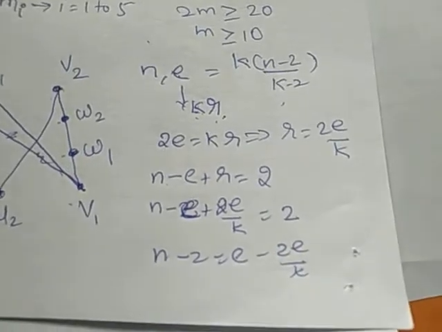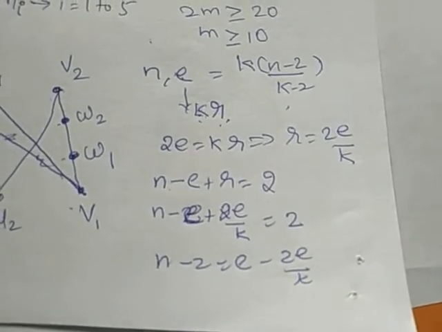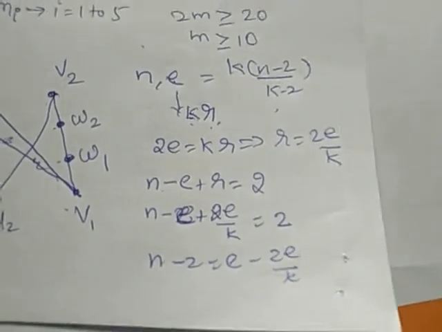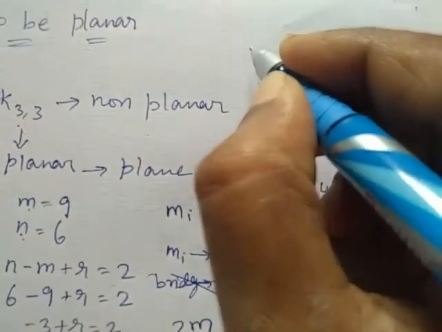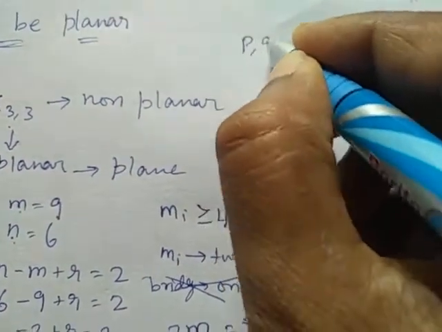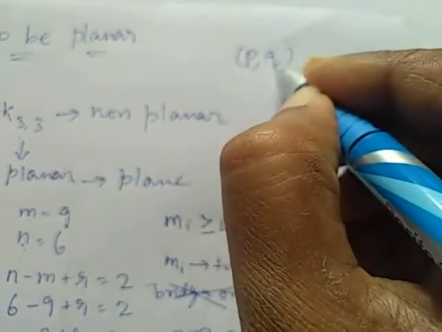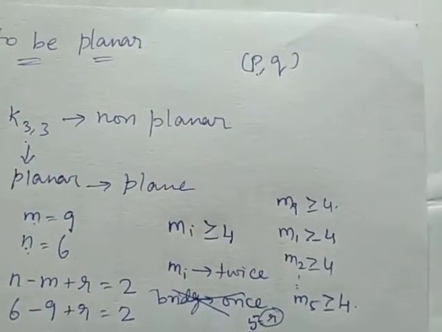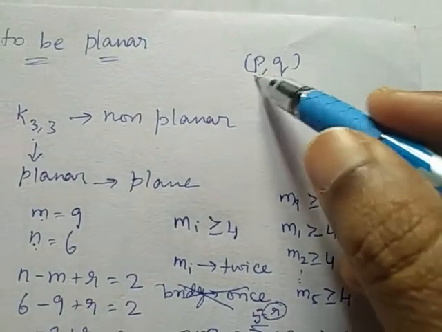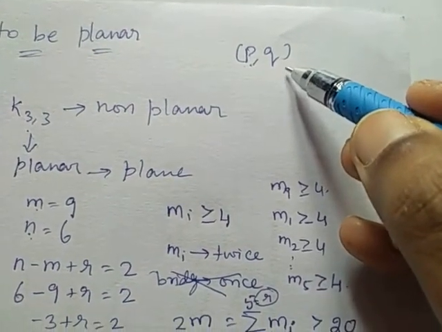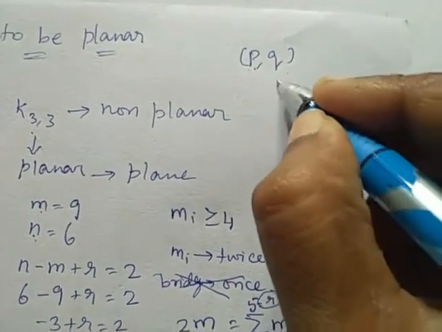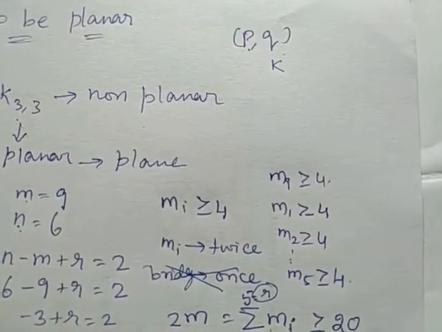Also, we are going to prove this: let G be a simple (P, Q) graph, with P vertices and Q edges, having at least K edges in a boundary.